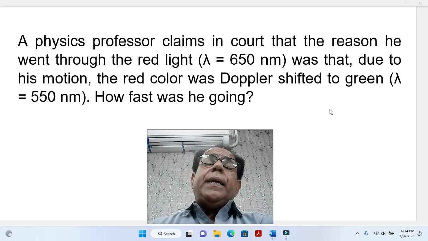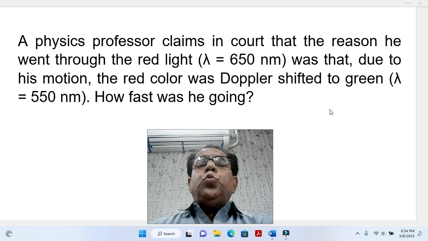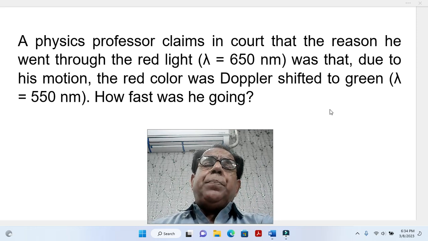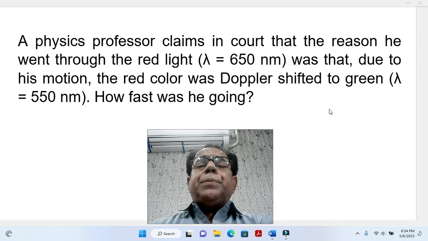So for the first wavelength or frequency we will use naught, which is sometimes written with O and sometimes with 0 as a subscript.